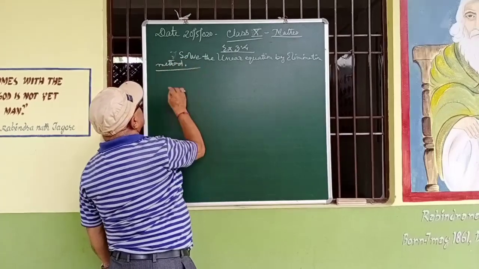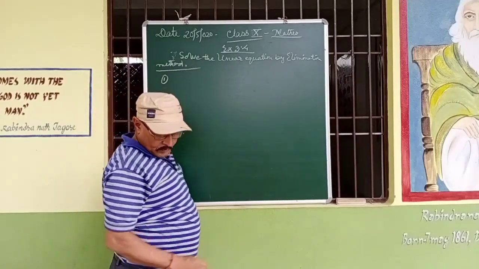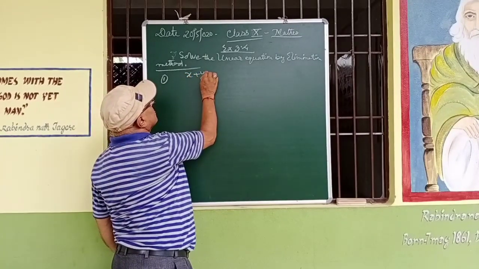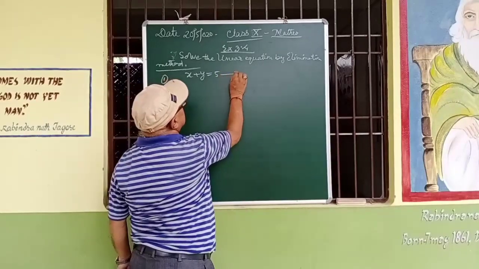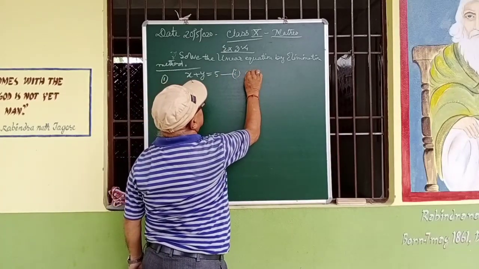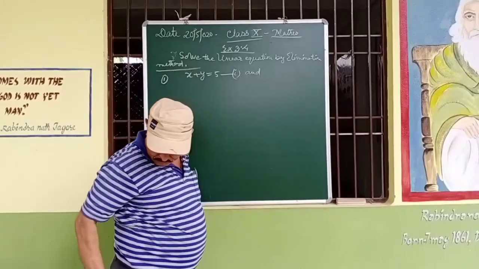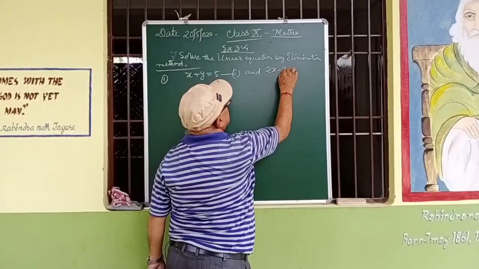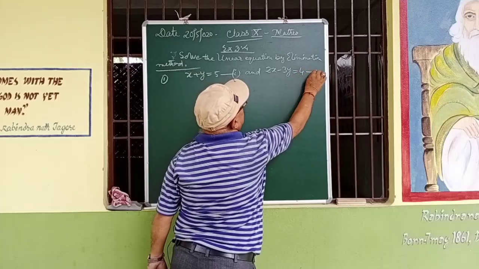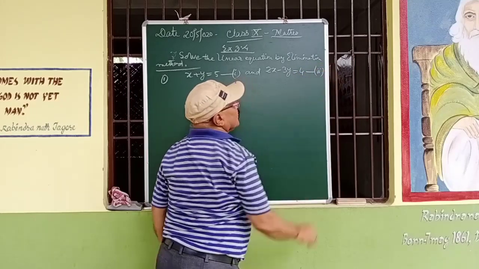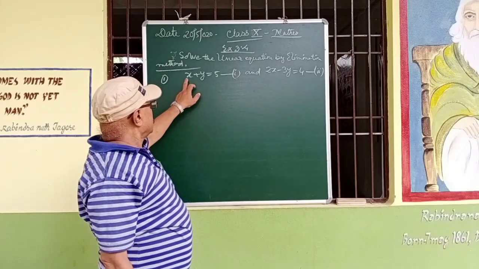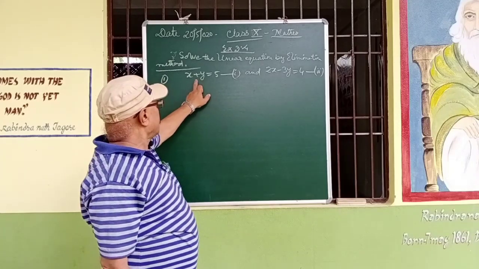Okay, the question number 1 is... The elimination method means here we have two variables x and y.